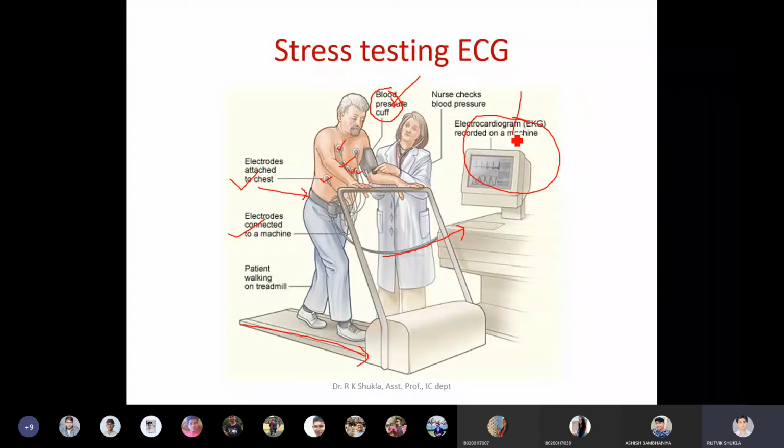Suppose it is a 20-minute protocol, for example; different protocols are available. A 20-minute protocol means the machine starts, and gradually its speed increases to a certain level. Similarly, the doctor or the nurse keeps an eye on the ECG record as well as the blood pressure value. After that, in order to increase the stress level, there is a gradient motor.